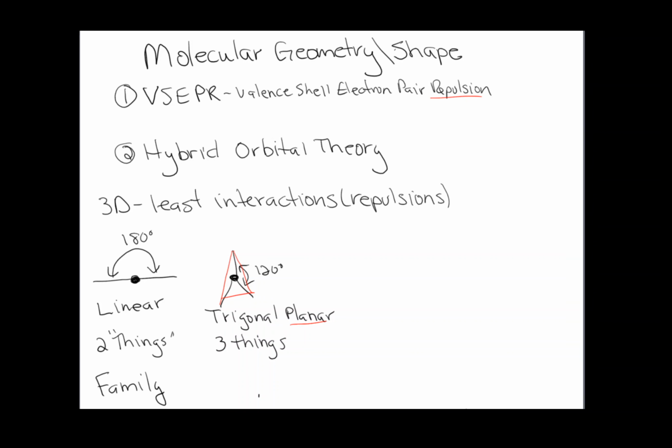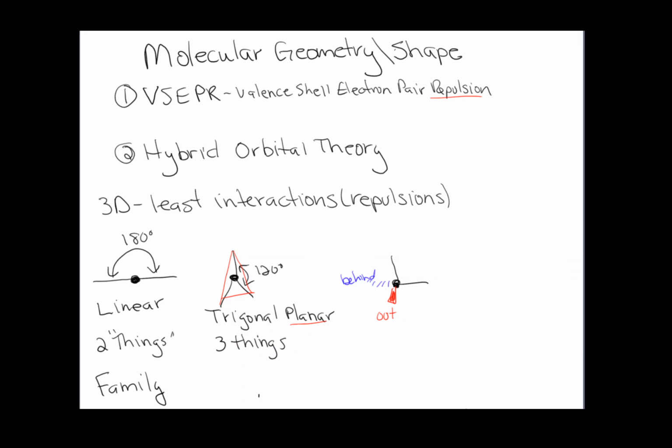All right, now 4 things is going to start to get interesting because I can't stay flat anymore. So 4 things, I'm going to have to put 1 straight up, 1 kind of out, and then I have to add in some true 3-dimensional pictures here. If I do dash, dash, dash, that means it's behind the plane. And if I do a wedge, that means it's coming out of the plane or in front of the plane.